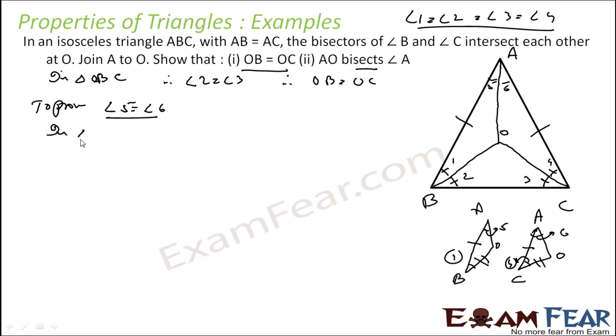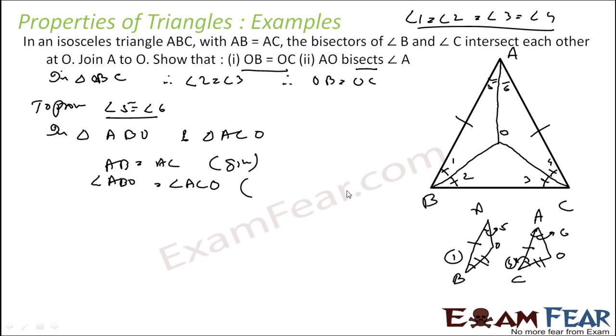Pretty easy, right? So you can just say that in triangle ABO and triangle ACO, AB is equal to AC, that is the given side, and then angle ABO is equal to angle ACO, you can write that as angle bisectors of equal angles, and then BO is equal to CO, that we just proved.